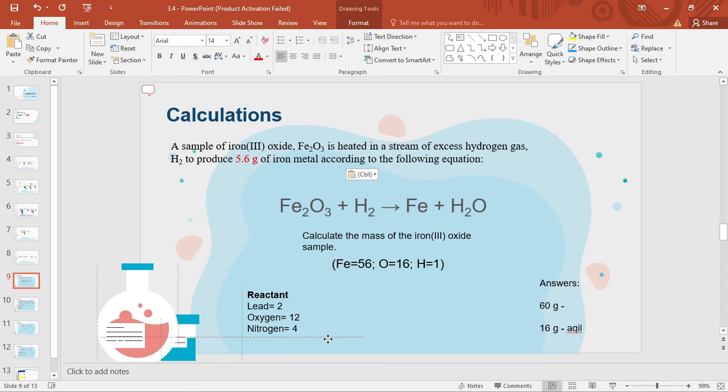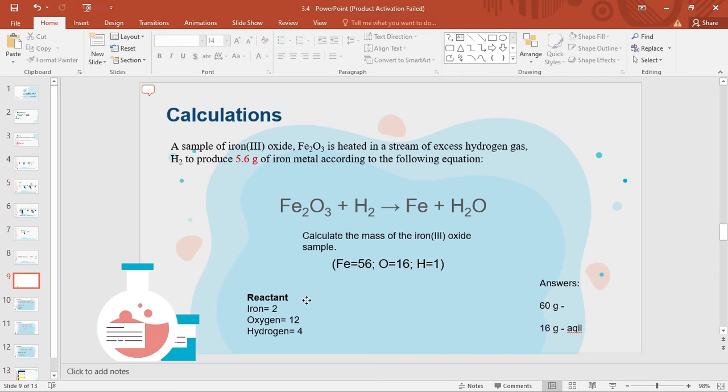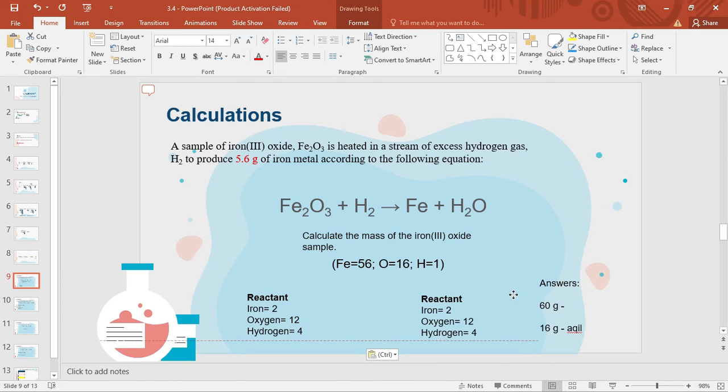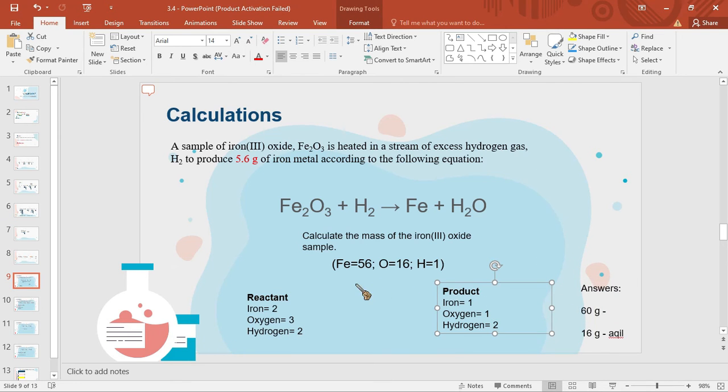Reactant here. Here is the product. Iron, oxygen and hydrogen. For the reactant, we see first.